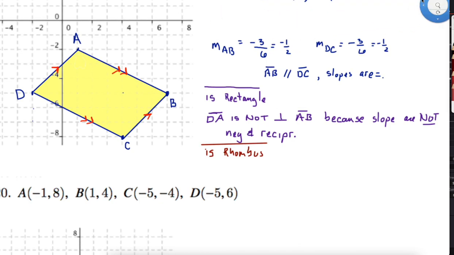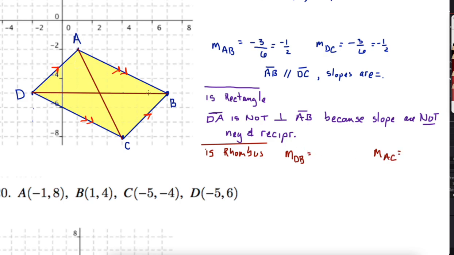So I'm going to use some properties of diagonals here. I know that the diagonals of a rhombus are perpendicular. And we look at this, we can tell it's not perpendicular, but how do we prove perpendicular? These diagonals are not perpendicular, and that's by, again, using the slope. So let's find the slope of D to B and the slope of A to C, and we're going to compare them to see if they're negative reciprocal.